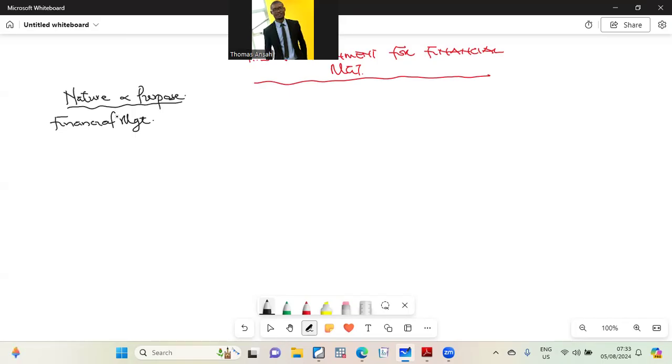The reason for the deployment is that they want to achieve the financial objective of an entity. So when we are talking about financial management, all we are saying is that you are managing finances, all right? Financial management is simply the management of the finances of an entity.